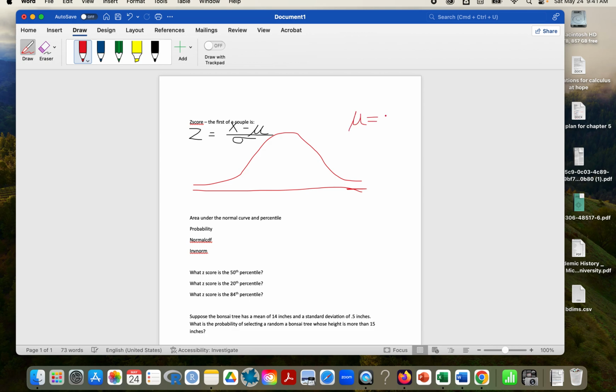The mean on an IQ is 100, and the standard deviation is 15. Now, there are other IQ standards that are set up, and I'm just using one that I'm familiar with.